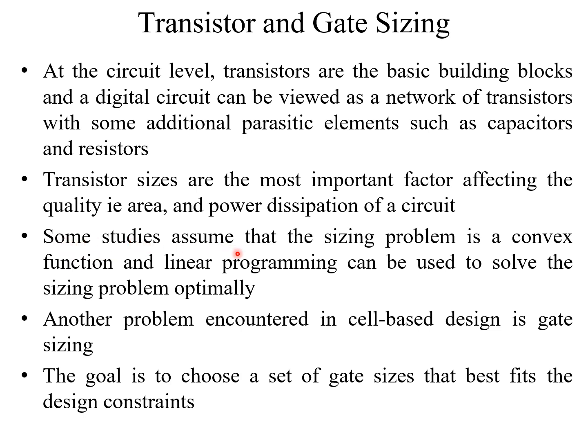Some studies assume that the sizing problem is a convex function and linear programming can be used to solve the sizing problem optimally. Another problem encountered in cell-based design is gate sizing. The goal is to choose a set of gate sizes that best fits the design constraints.